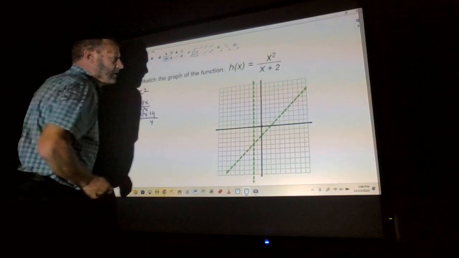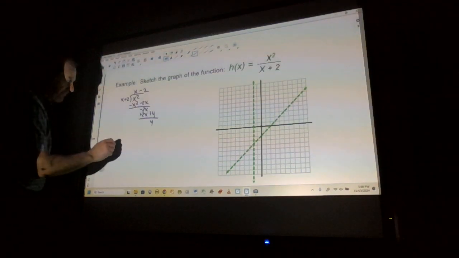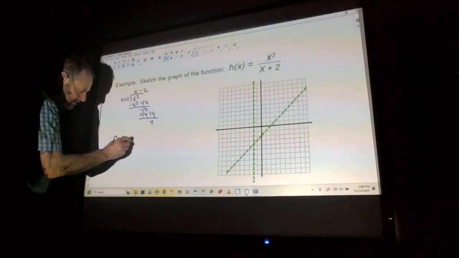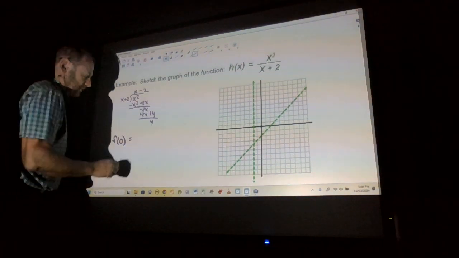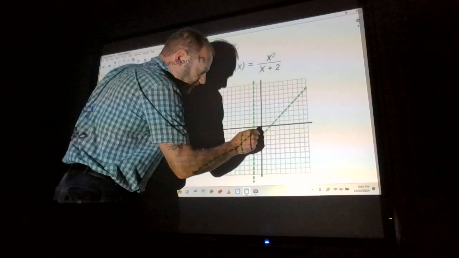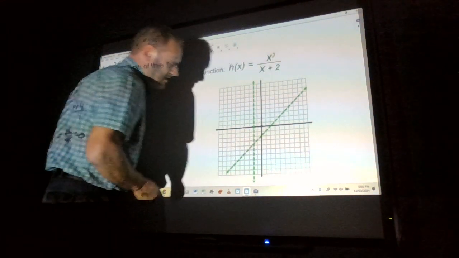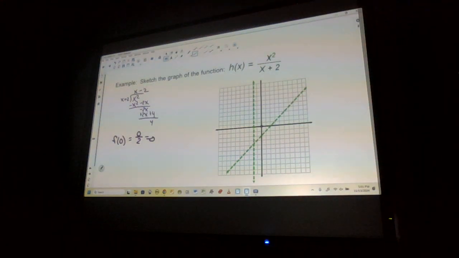And so let's just pick a couple of points. Let's find f of 0. Okay, f of 0 would be 0 over 2 in this case, which is just 0. So 0, 0 is going to be on the graph. And pretty much right now I know exactly what this thing's going to look like. I don't even really need to put any more points in unless I need to get really accurate.